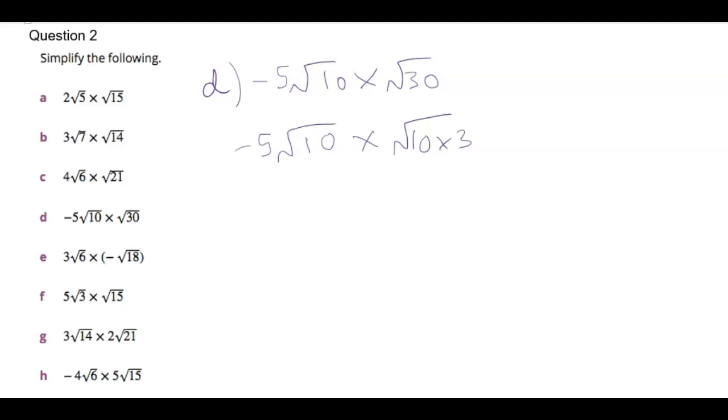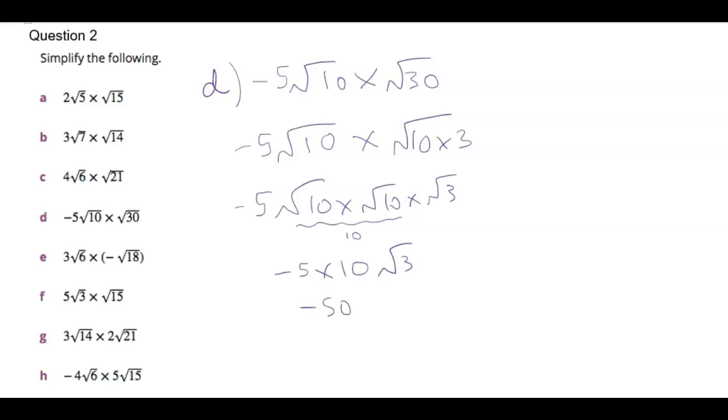What I'm doing here is trying to get a number that is the same. So here I've got 10 and here I've got 10. I'm going to show you both ways. So you can either do it this way, or I'll show you the other way in a sec. So I've got -5 root 10 times, and then you can separate this, root 10 times root 3. Now this becomes 10. So effectively I've got -5 times 10 root 3, which is -50 root 3. Okay, so that's one way.